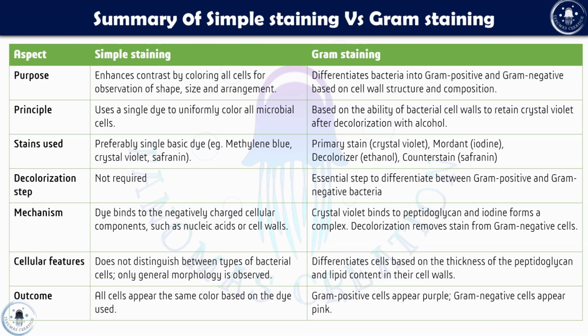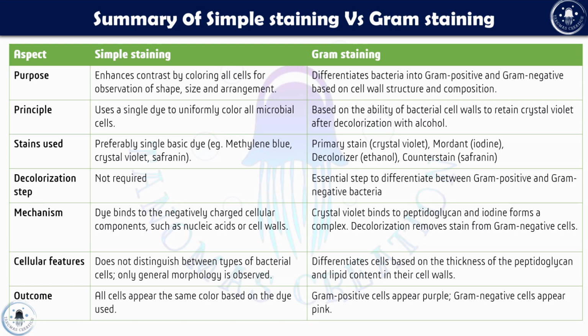So the positively charged dye will bind with the negatively charged cell wall structure. Whereas in gram staining, the crystal violet binds to peptidoglycan and iodine forms a complex, while decolorization removes stain from gram negative cells.